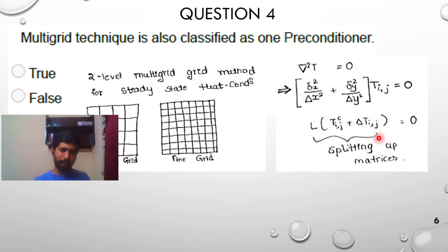So in that way it is a preconditioning technique, but it was not introduced as one. It was just to accelerate the convergence of the solution. That is why it is classified as a preconditioning technique. Is this clear? Okay.